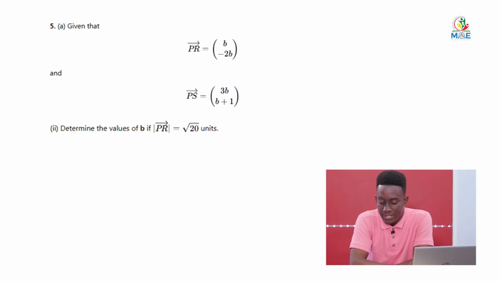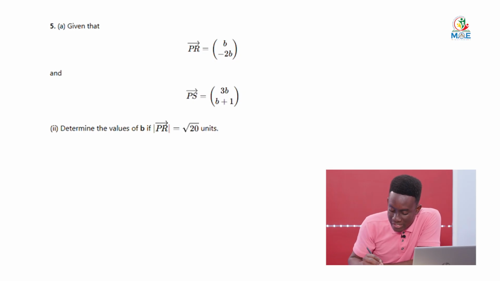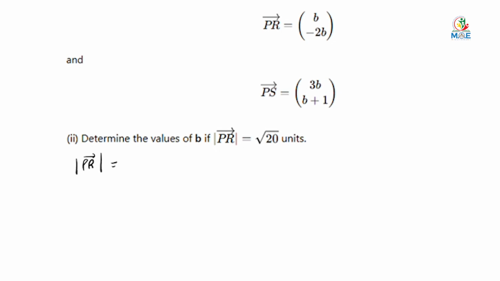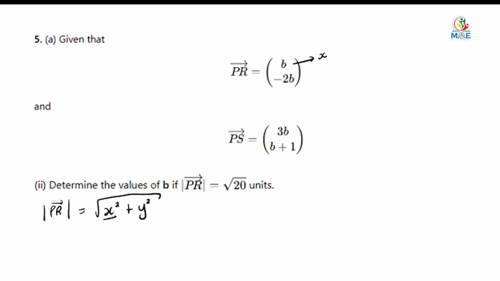The next one says, determine the values of b if the magnitude of PR is equal to the square root of 20 units. In order to find the magnitude of PR, we know the formula is the square root of x squared plus y squared. x refers to this term here and y refers to this term here, because one talks about the movement in the x-axis, across, and the other the movement in the y-axis, up or down.